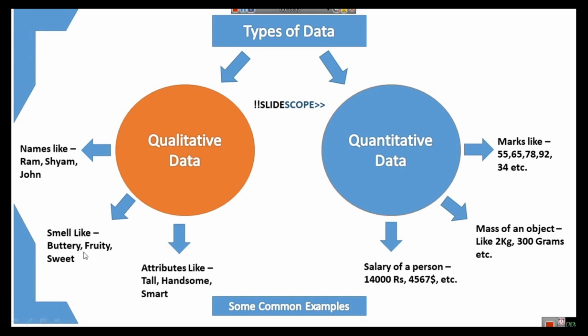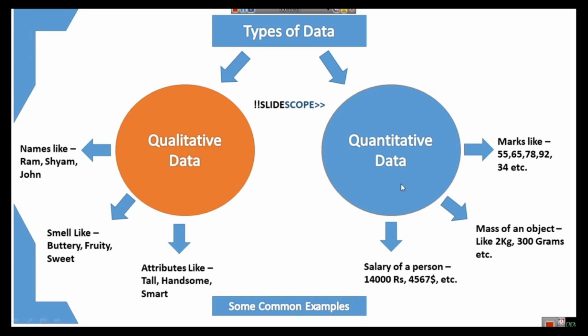Again, this is telling some information about a particular product or thing, but it is not a number. Attributes like tall, handsome, smart. Again, this is adding some meaning to a particular object, but the information is not a number. The information cannot be quantified.